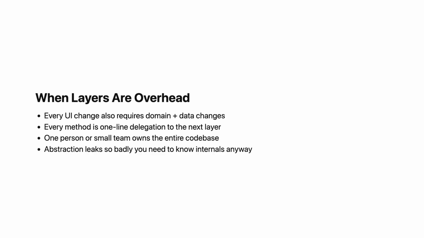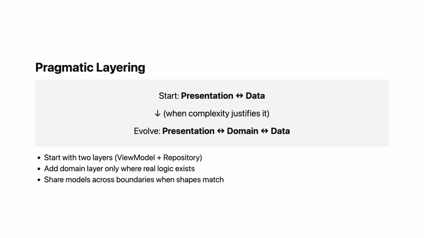Now you have 3 layers, but only where the complexity justified it. Use interfaces where you have or genuinely expect multiple implementations. Use concrete classes everywhere else. Share models across boundaries when they have the same shape. Split them when they diverge. This is not lazy architecture. This is architecture that earns its complexity.